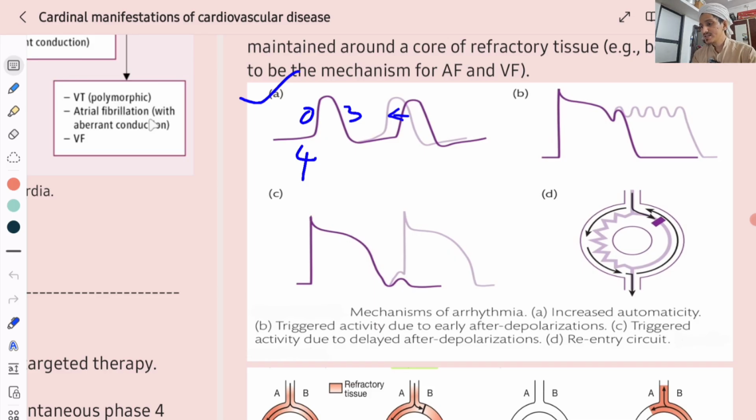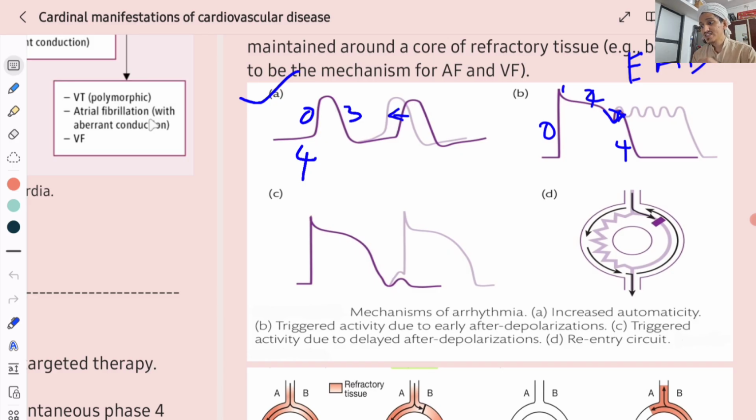Second mechanism, see, this is phase 0, this is 1, this is 2 plateau, and this is 4. This is an example for early afterdepolarization. So when the cell is still depolarizing, some drugs, commonly those which cause QT prolongation, will cause blockade of potassium channels and will prolong this repolarization phase.